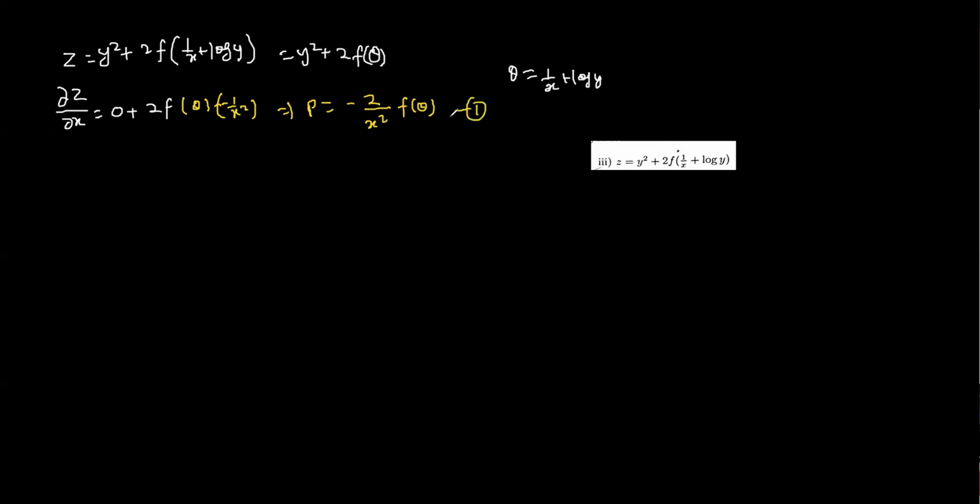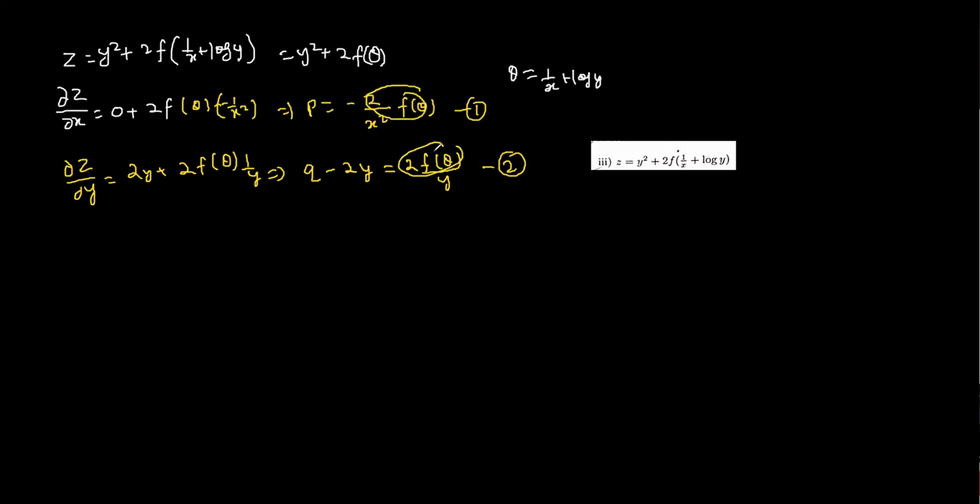Now differentiate with respect to y. 2y, 2 theta, and the derivative of log y is 1 by y. So q minus 2y is equal to something.